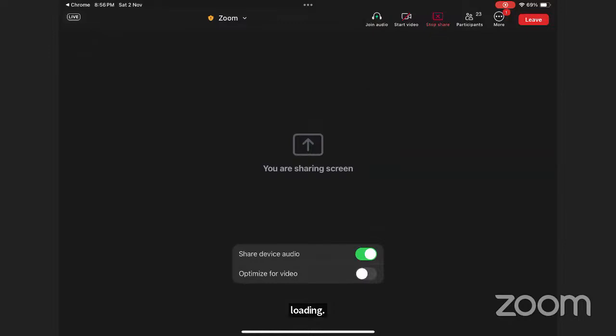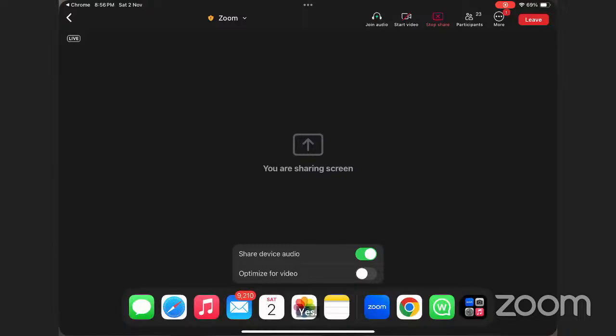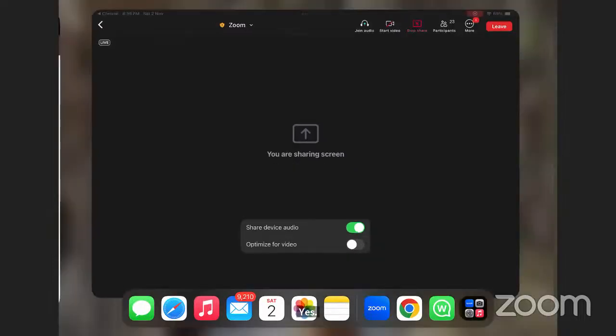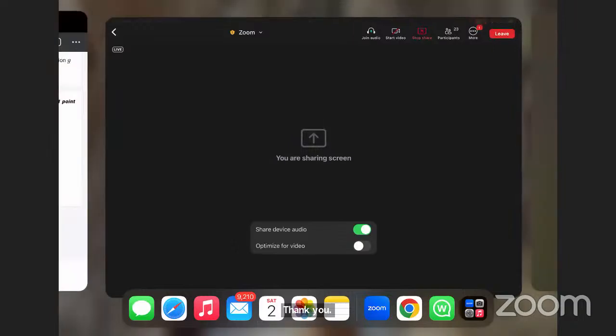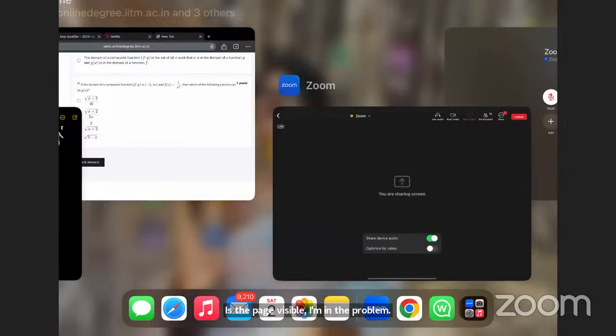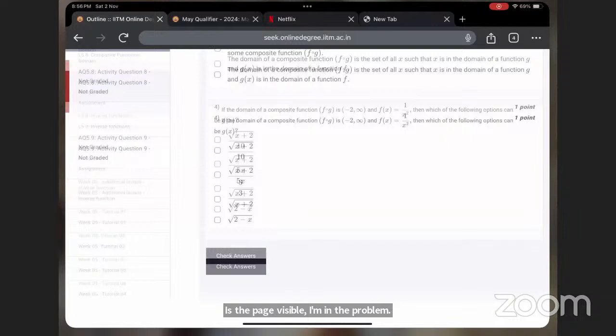Yes, ma'am. So is the page visible? I mean the fourth problem. Maybe it's lagging, right?